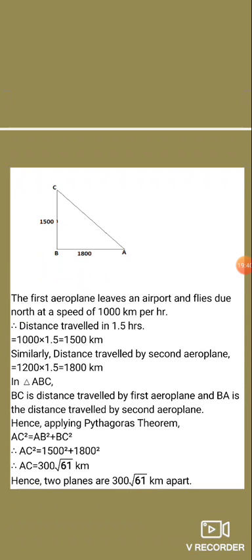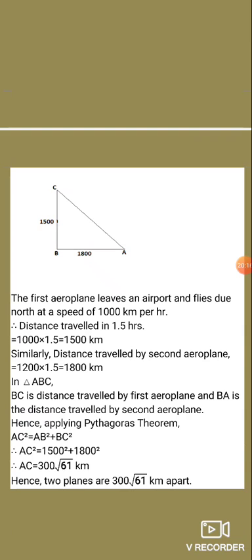Similarly, distance traveled by the second aeroplane is equal to 1200 into 1.5, which is equal to 1800 km. Now listen carefully. Distance we need to find out. So speed is equal to distance divided by time. So distance is equal to speed into time. So 1000 into 1.5, first case 1500 kilometers, second case 1200 into 1.5, 1800 kilometers.